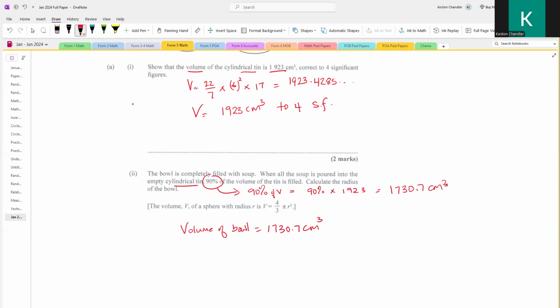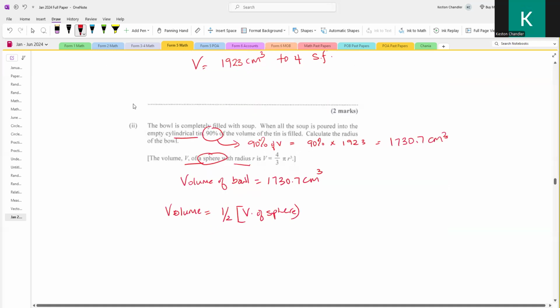Right? They say a volume of a sphere with radius r is 4/3 pi r cubed. But a sphere is not a bowl. So the volume of the bowl is going to be half the volume of a sphere, because the bowl is not the whole thing, it is half. Understand now?